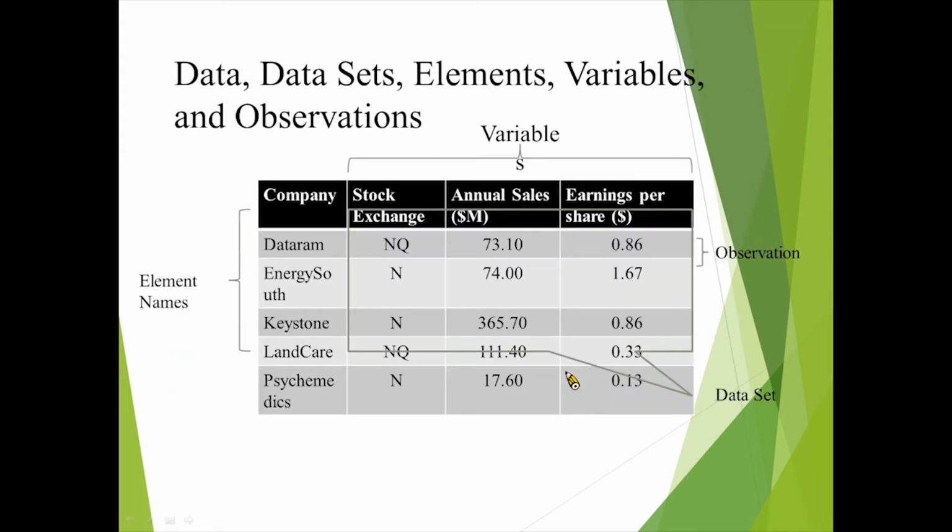Okay, this is the data. So you can see the table. The first one, this is the variable. You can see the variables: company, stock exchange, annual sales, earnings per share. And these are the respondents, maybe they have different companies.